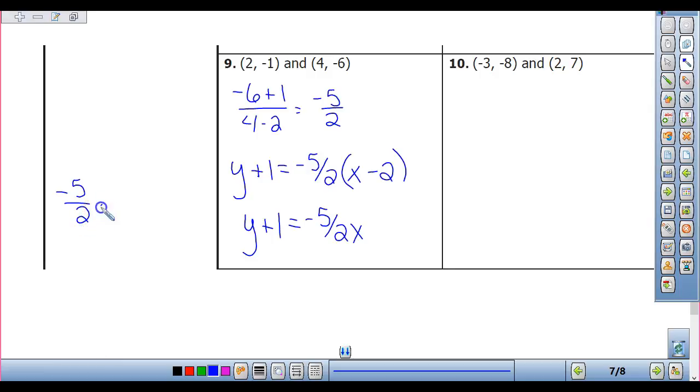Negative 5/2, what are we timesing it by? Negative 2. Remember, over 1. I'm going to give you a clue. Anytime you're multiplying by the denominator, those cancel, and I'm left with 5. That's going to happen a lot on your assignment.